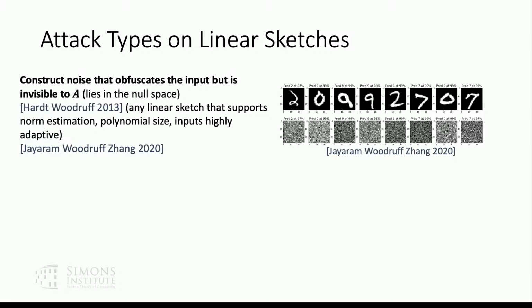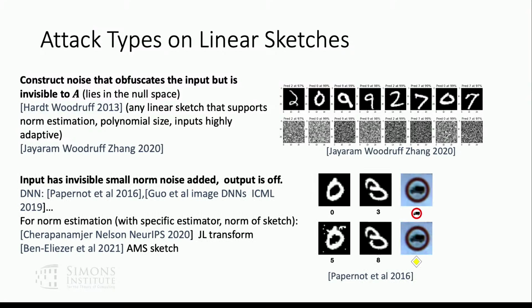One thing you can do is add a lot of noise to your vector such that it's no longer recognizable, but you can still recover it.